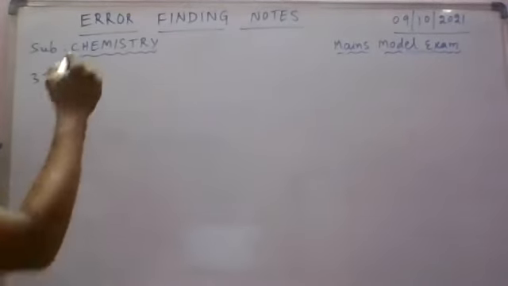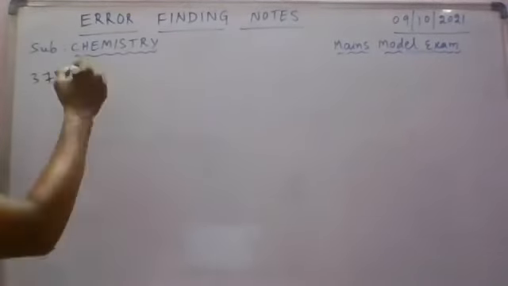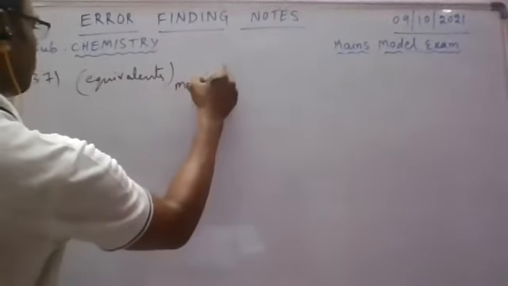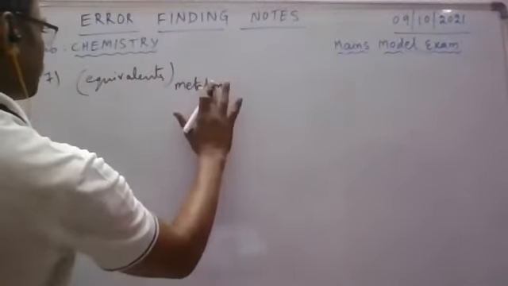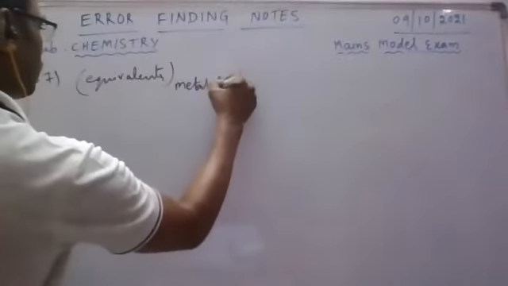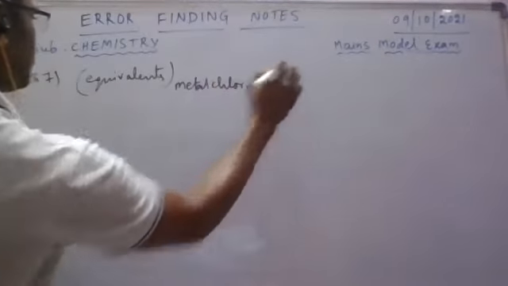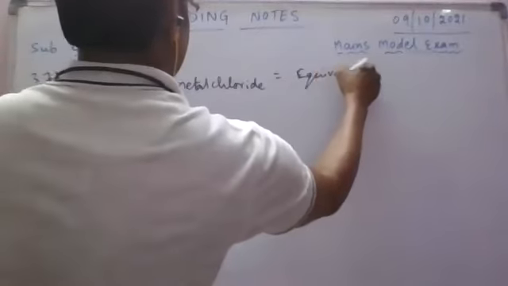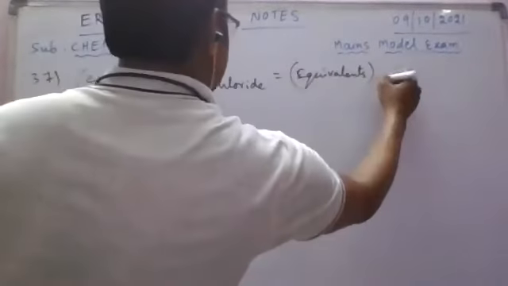So simply, equivalents of metal chloride is equal to equivalents of silver chloride.